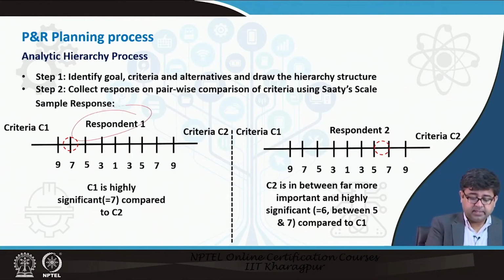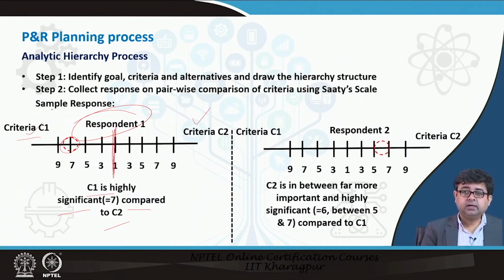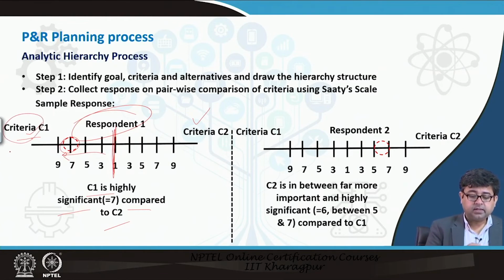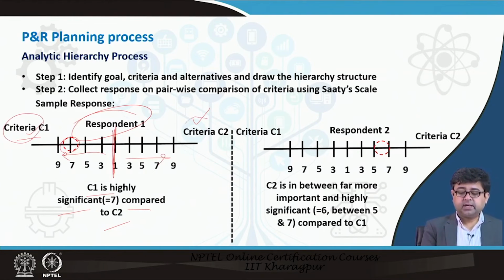So, for example, one respondent may say that criteria 1 is highly significant as compared to criteria 2. So, whatever may be the criteria, he may give criteria 1 a higher rating, right. If he gives a rating of 1, it means both criteria are equally important for this person. If he goes this way, criteria 1 is more important. If he goes this way, criteria 2 is more important.